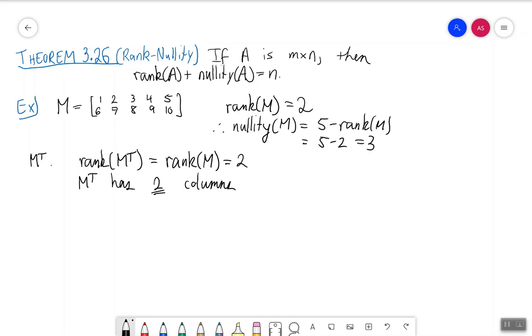So therefore, the nullity of M transpose is 2 minus 2, which is 0. So whereas the rank of a matrix and its transpose are the same, that is not true for the nullity.